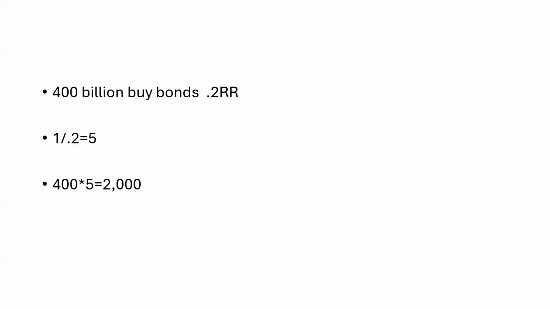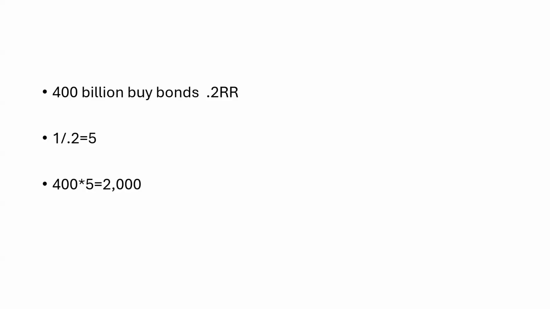No. So 400 billion, 0.2, I got 1 over 0.2 is 5, 400 times 5 is 2,000 billion. Why do people get that one wrong? Did you forget? Did you take out reserve requirement? Bonds, it's the Fed, no reserve requirement. What was this for? 22.